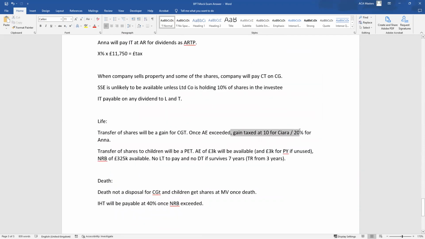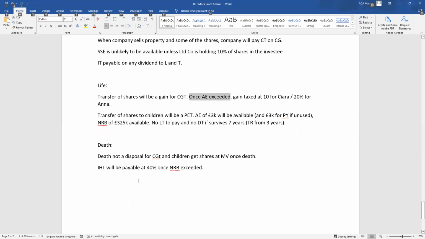Because these rates will probably be lower than the IHT or the nil rate band, it would depend whether that's available or not. It would of course depend when they die because of that earlier transfer. But probably the best thing to say would be to transfer as much as you can in life within the annual exemption. So transfer the shares a little bit at a time.